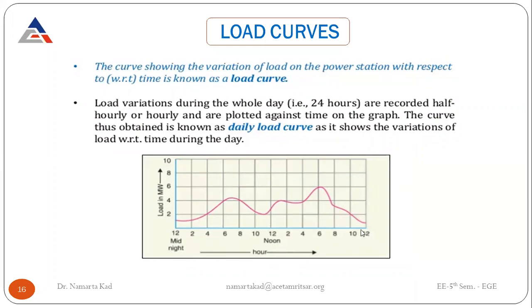So it is the 24 hours format. 12 midnight, then 2 a.m., 4 a.m., 6 a.m., 8 a.m., 10 a.m., and then here 2 p.m., 4 p.m., 6 p.m., 8 p.m. and 10 p.m. This graph shows how the load varies for the 24 hours duration.